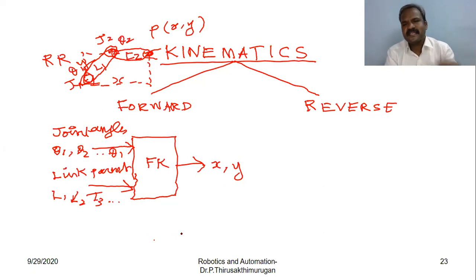Determination of X and Y using joint angles and link parameters.